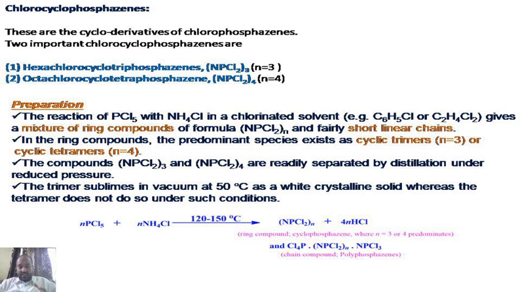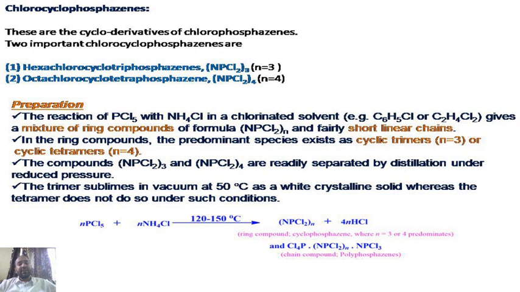We are reacting it with ammonium chloride at 120 to 150 degrees Celsius in the presence of a chlorinating reagent like chlorobenzene, and we get a mixture of ring compounds of formula (NPCl2)n, and we also get some short linear chain phosphazenes as well.